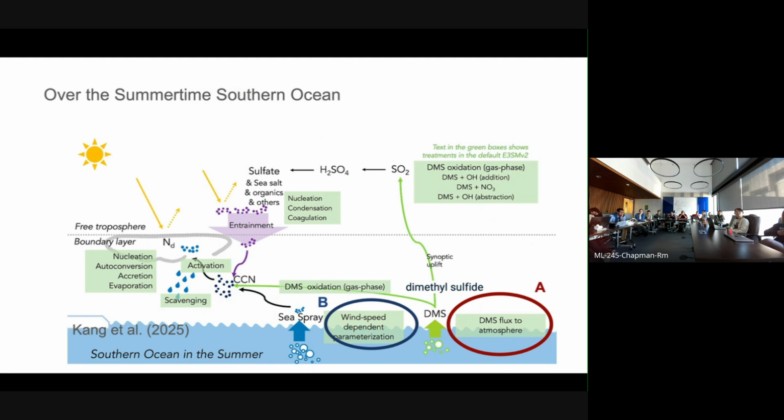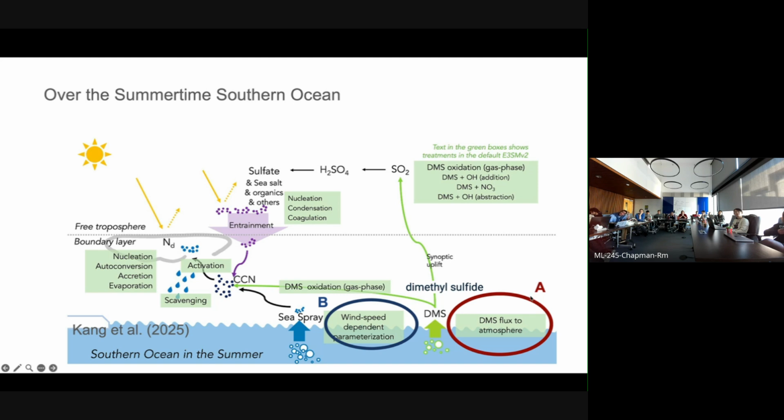So what is by nature happening in this region over the season? I summarize them in the schematic figure. Method A and method B. Method B is about primary CCN. The sea spray emission from open water gets activated as cloud condensation nuclei when it is transported in the air.